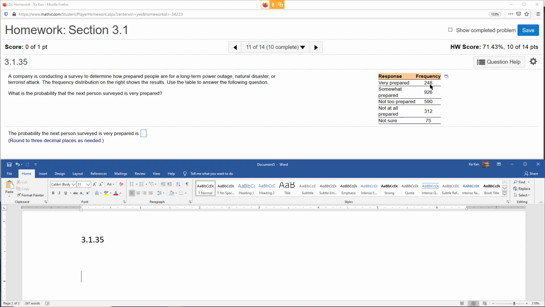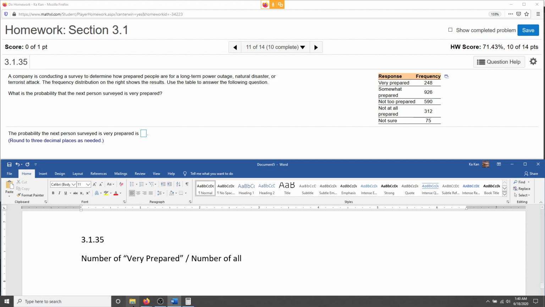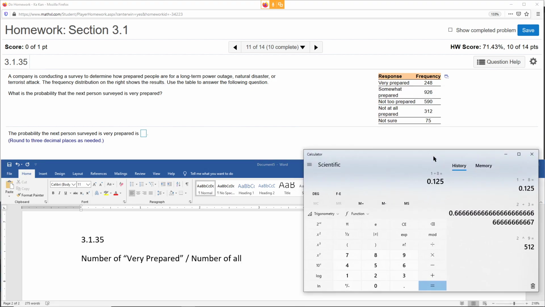So far we have 248. That will be the number of very prepared divided by the number of all the possibilities that we have so far. So again, don't be shy about using a calculator. You can just go ahead and do 248 plus 926 plus 590 plus this plus this.